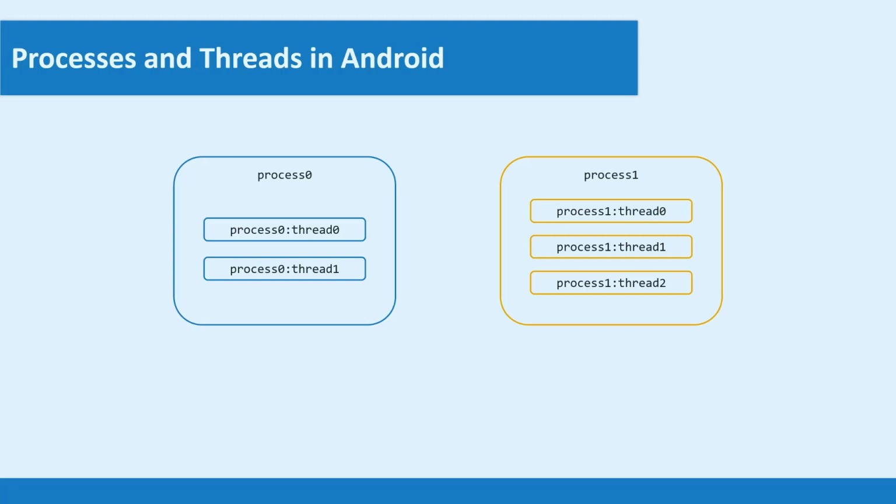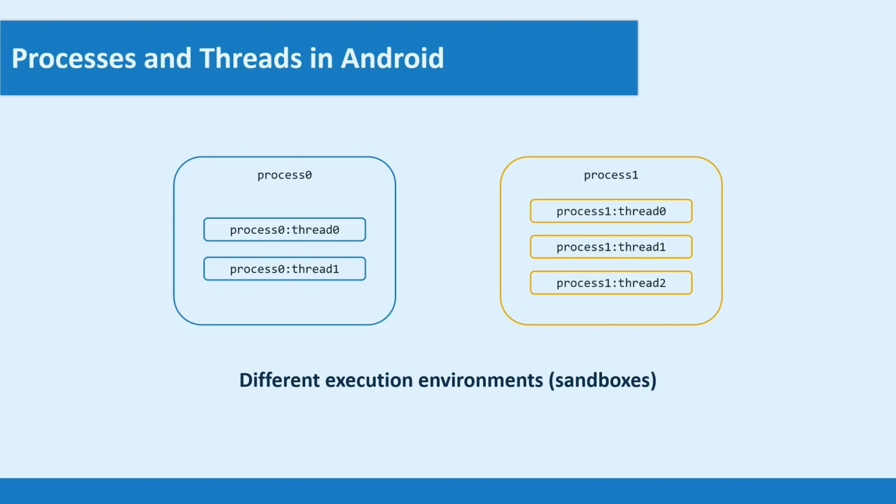And for example, threads from process 1 can't access anything inside process 0. So these are different execution environments that we call sandboxes, and each application gets its own sandbox, and within the bounds of that sandbox, applications can execute multiple tasks, which we call threads, and these threads share the same sandbox, so they can exchange data and state easily.